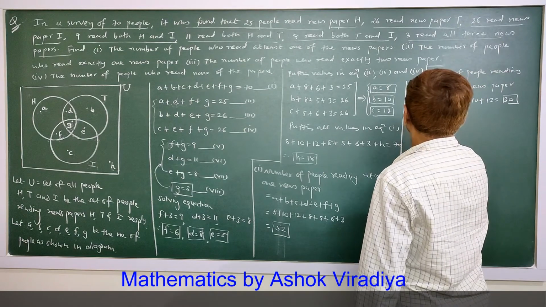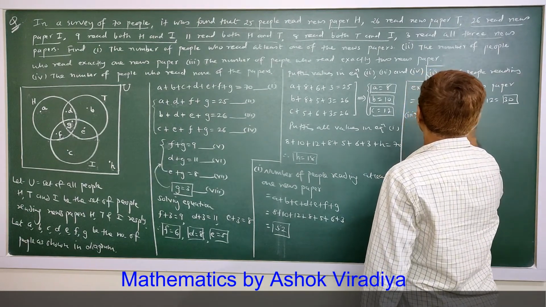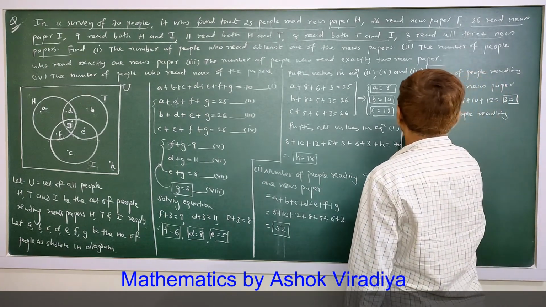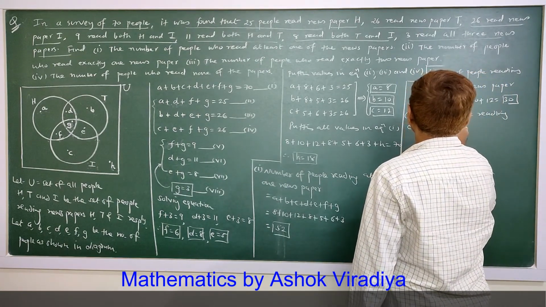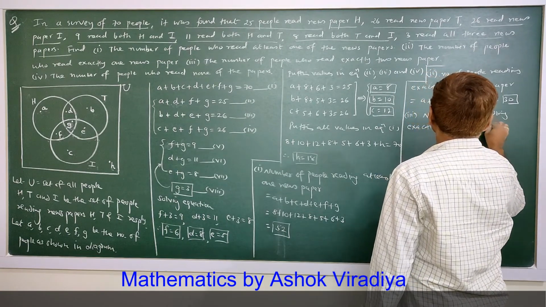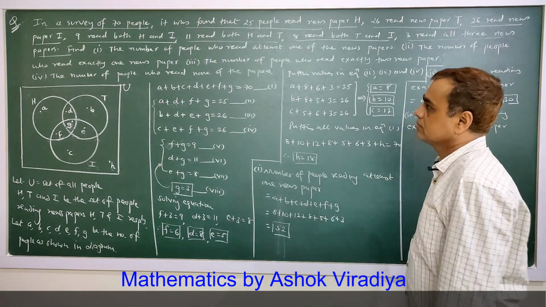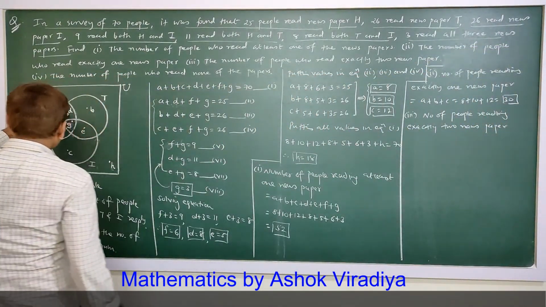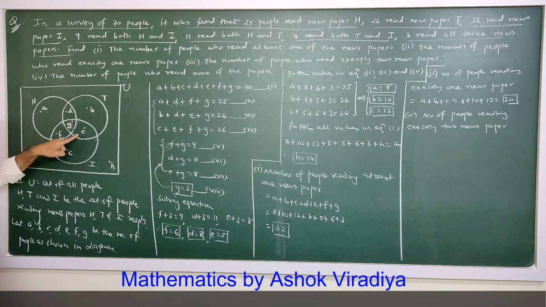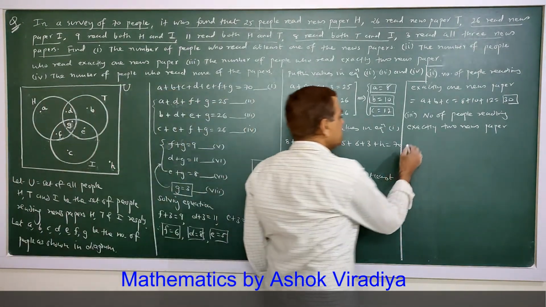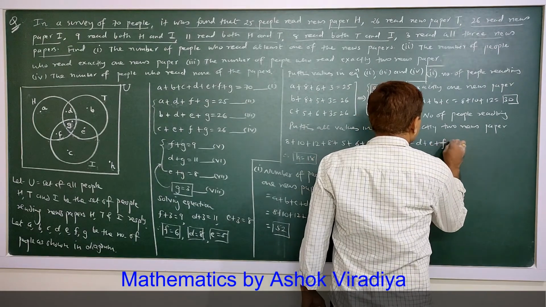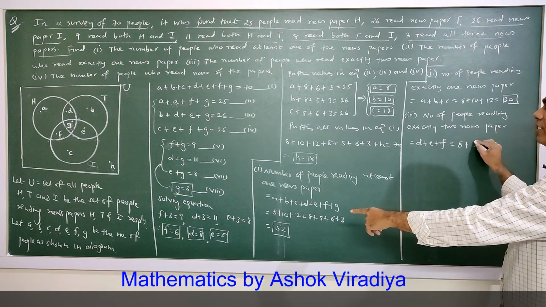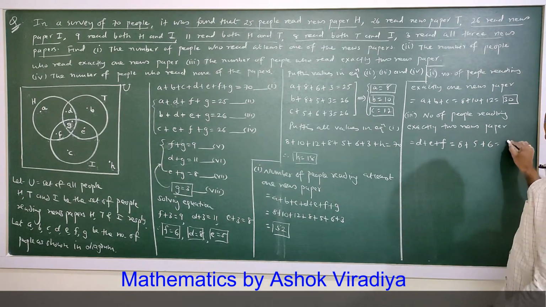Third is the number of people reading exactly two newspapers. That is D plus E plus F, where D is 8, E is 5, F is 6. That is 19 people.